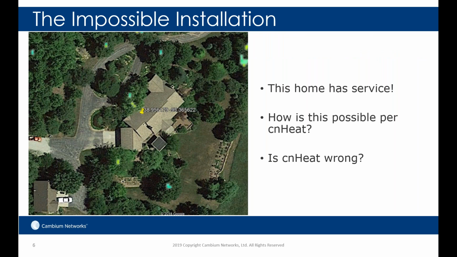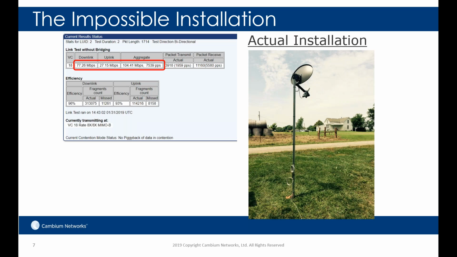This is an example installation from one of our customers, and cnHeat said there's no way this beautiful home that one of our WISPs has for their end customer could get service because they have so many beautiful trees, right? Trees bad for wireless. And so we wondered, is cnHeat wrong? And our customer also sent us a picture of the actual install, and here's the service we were getting.